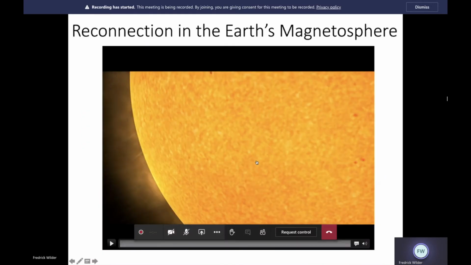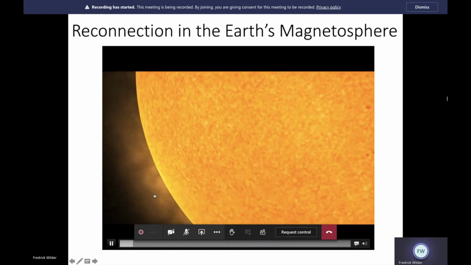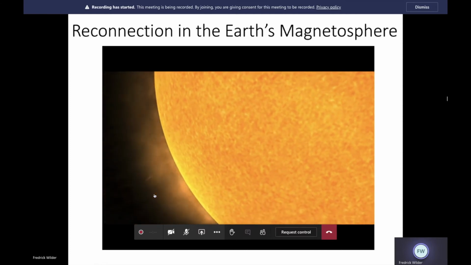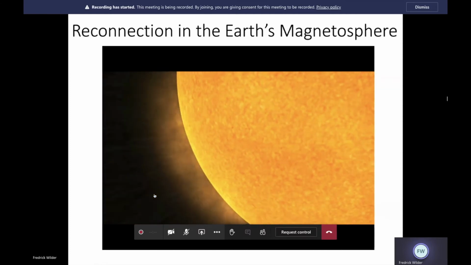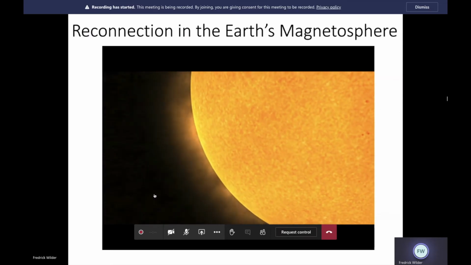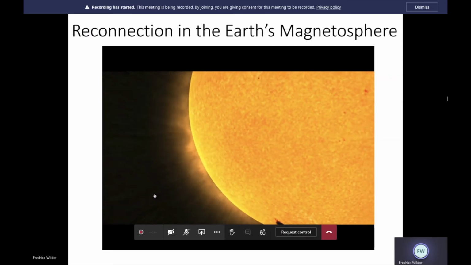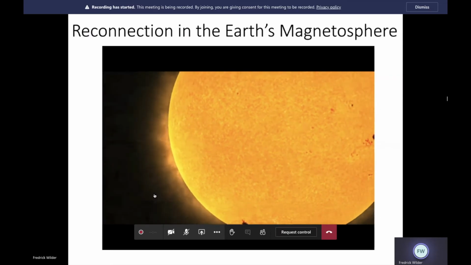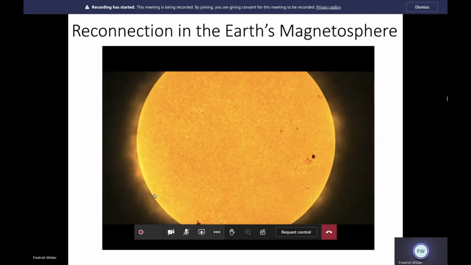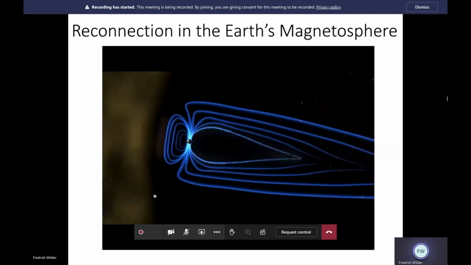Now, for the interests of this center, the important part is reconnection at Earth's magnetosphere. The sun is constantly ejecting coronal plasma. We call that the solar wind, and it carries a portion of the coronal magnetic field with it. We call that the interplanetary magnetic field.